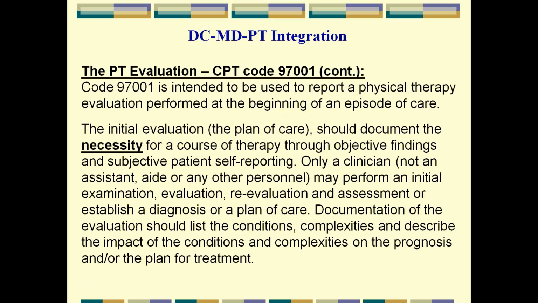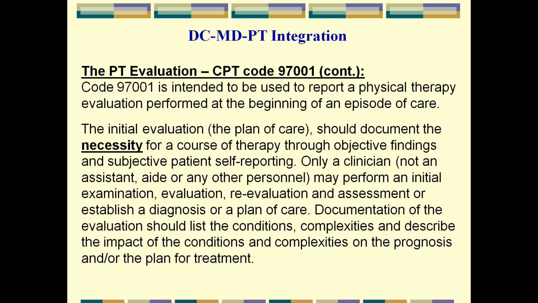So 97001 is used to report a physical therapy episode of care at the beginning of the episode of care. So this evaluation should document the necessity for a course of therapy through objective findings, subjective findings, diagnostic tests. Only a clinician, not like a chiropractic assistant, a medical assistant, an aide, an unlicensed healthcare professional.